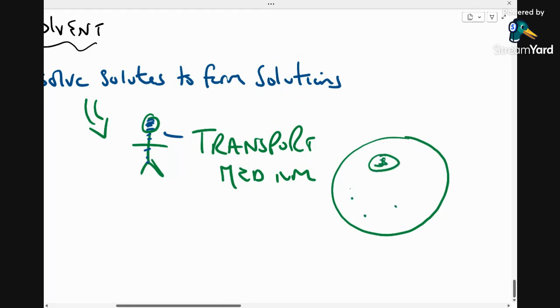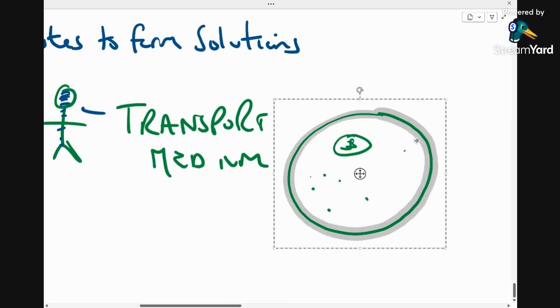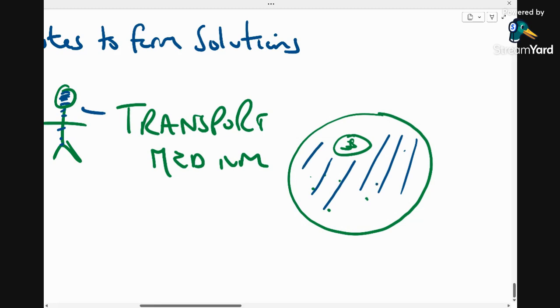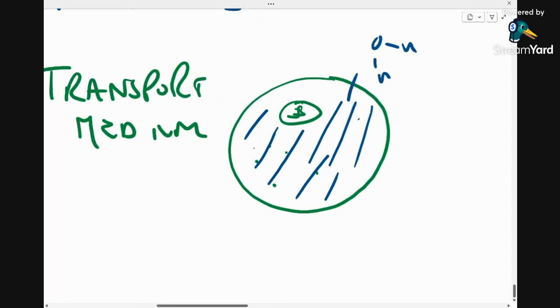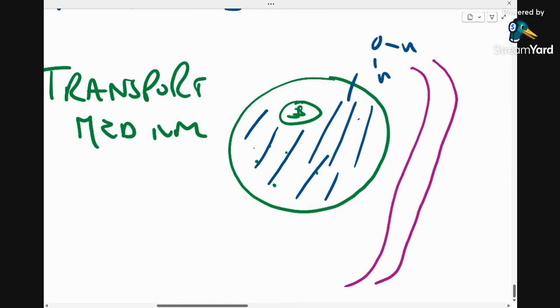You've got ribosomes dotted around, you've got mitochondrion, not to scale, but there you go. Most of the cytosol is actually water. Most of it is lots of water molecules. And it's important that you are able to dissolve substances, such as glucose, for example, because otherwise it wouldn't be able to be transported in your blood, technically your blood plasma.